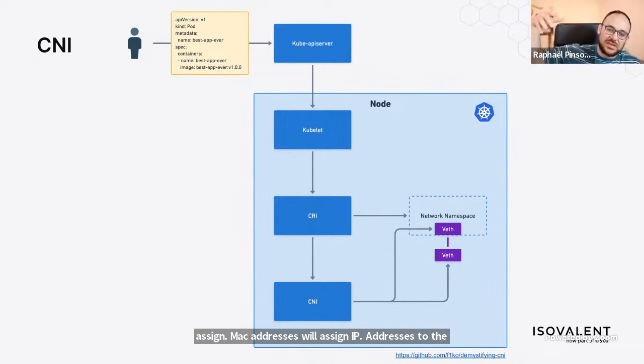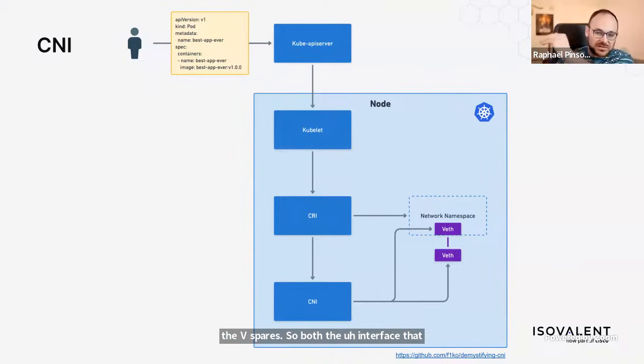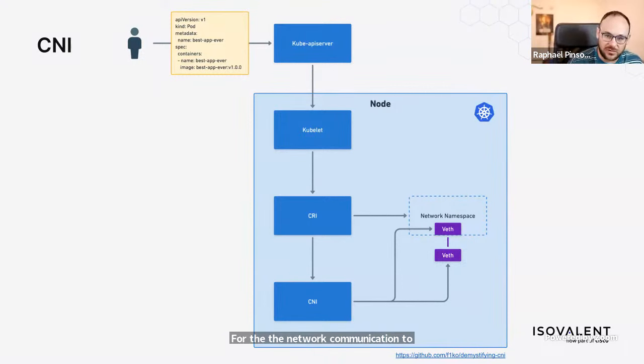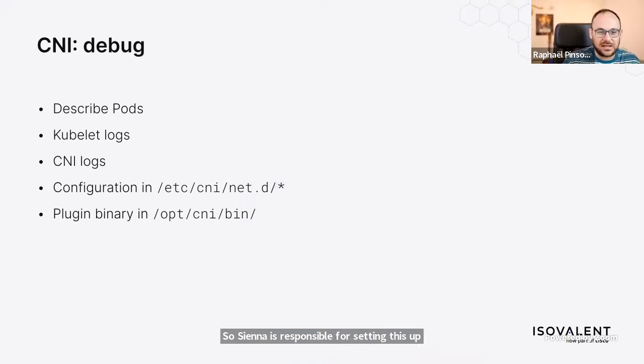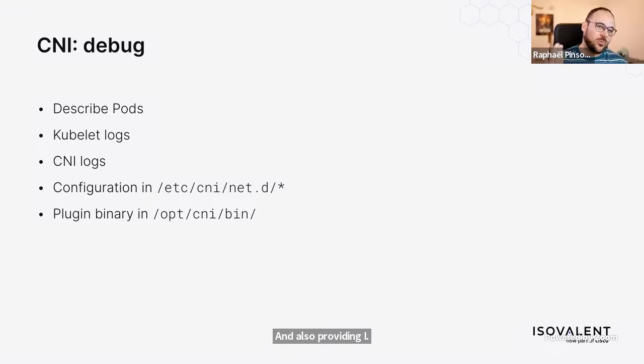So both the interface that is inside the pod and the interface that corresponds to it to create a bridge on the host side, on the node side. So you see here the two addresses that are linked to each other, each with an IP address, each with a MAC address for the network communication to pass into the pod and out to the node. So CNI is responsible for setting this up, for setting up the routing that will happen there, and also providing IPAM.